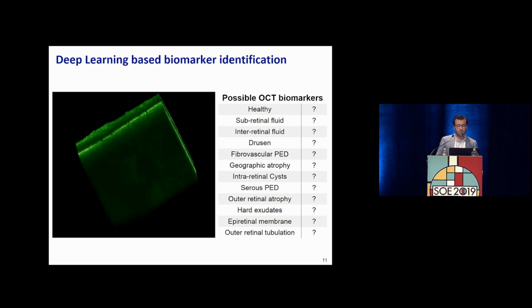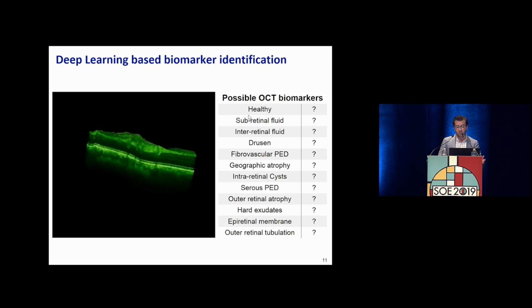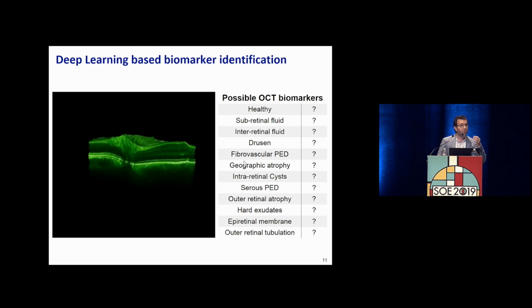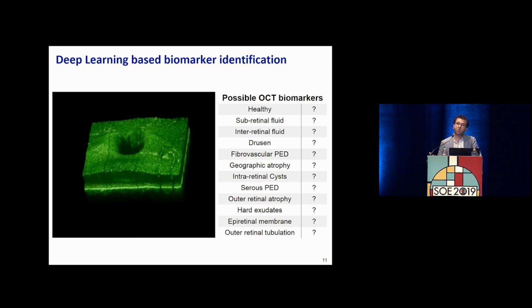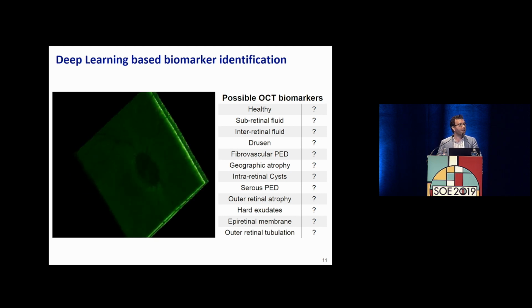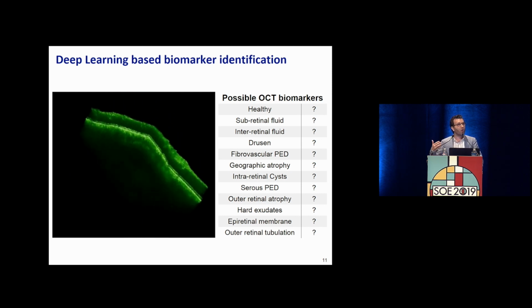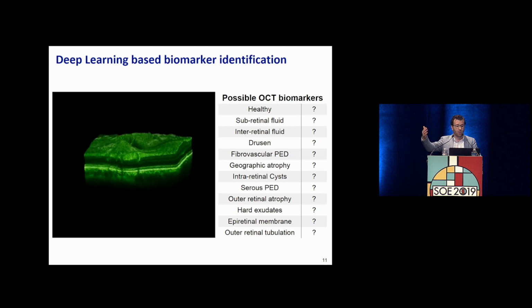There is a vast literature that's given us different biomarkers. These are visual patterns that are visible in the OCT. The ultimate goal we were interested in is that you take a scan and then you get a printout of all the biomarkers that are present in this volume, and potentially where they are, and to quantify them down the road.